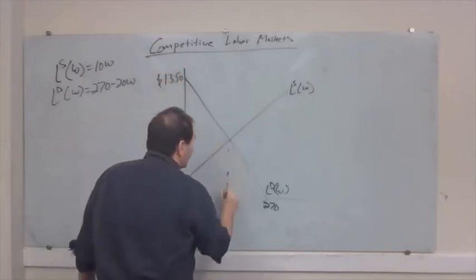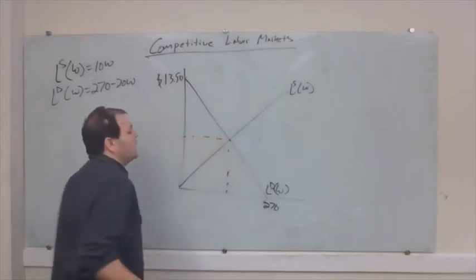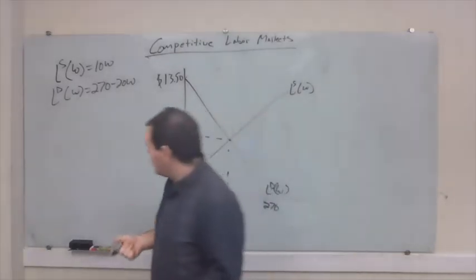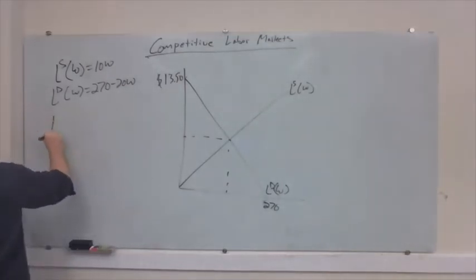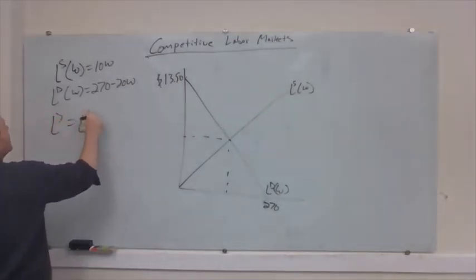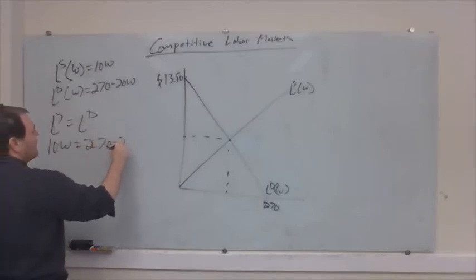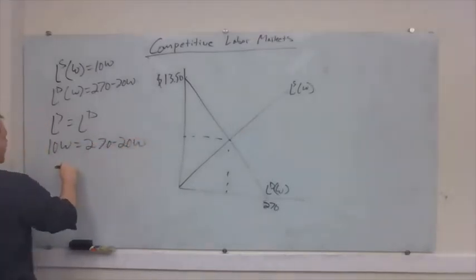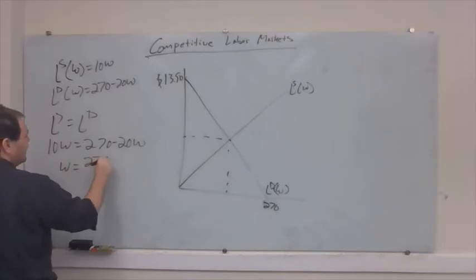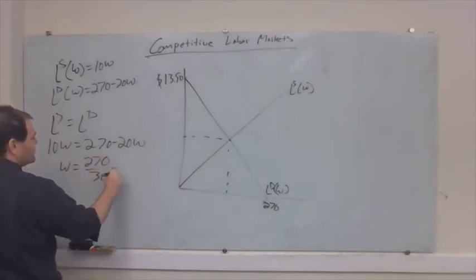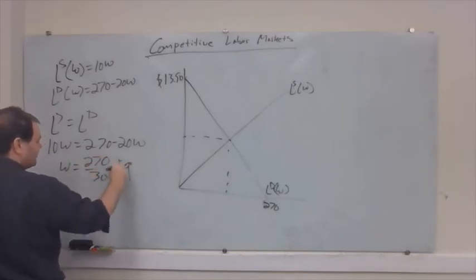And so if we want to find our labor market equilibrium, all we have to do, right, is to set supply equal to demand. So we'll say 10W equals 270 minus 20W, right? W is going to equal 270 over 30, which is going to equal $9 an hour, right?